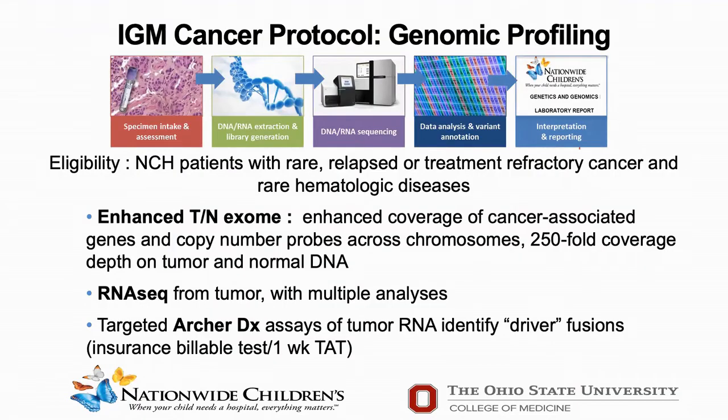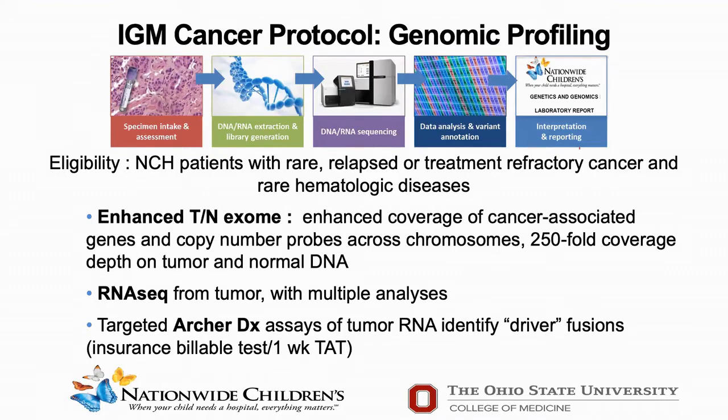So this now is just showing an overview. I've already talked about some of these aspects, from specimen intake all the way to interpretation and reporting. The eligibility, again, is around patients with rare relapsed or treatment refractory cancers, and some rare hematologic diseases have also been studied. We're doing what I call enhanced tumor normal exome, where in the pediatric setting, we get a lot of information from chromosome gains and losses, either focal or arm level.